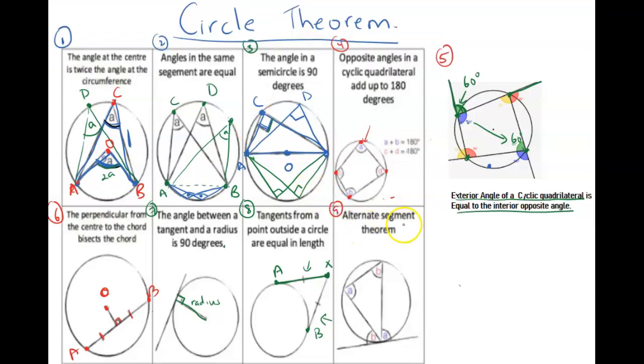This is an interesting one. Alternate segment theorem. What this is saying is that if we had a tangent like this and a triangle in here, this exterior angle here is equal to the interior opposite angle here. So it's similar to the cyclic quadrilateral one, but we're dealing with a triangle now, right?